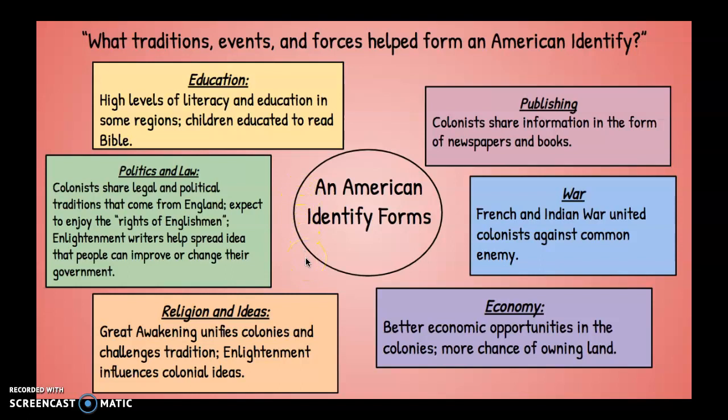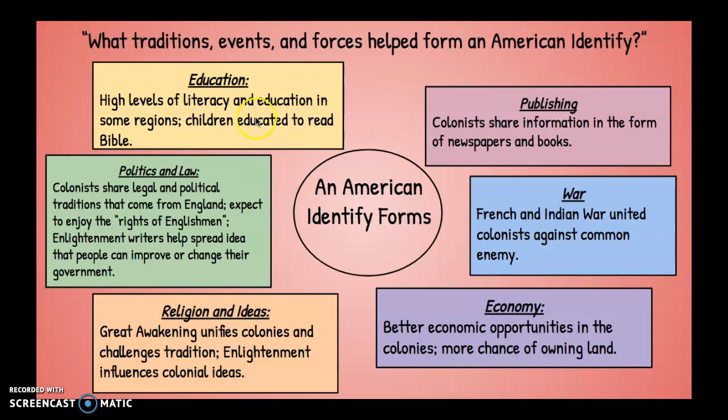So each of us as individuals, we have identities, right? We have different personalities, we have different opinions, we have different backgrounds. Well, we have to look at that as a bigger picture, larger scale of the United States as a country. How did our country's identity form?